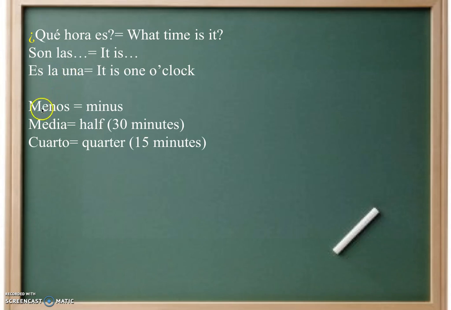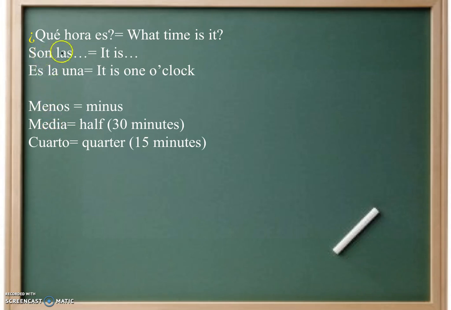And then a little bit more in depth, we have menos, which is minus. Media, which is half, or 30 minutes. And then cuarto, which is a quarter or 15 minutes.